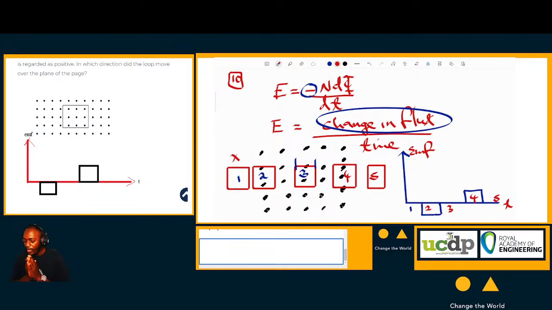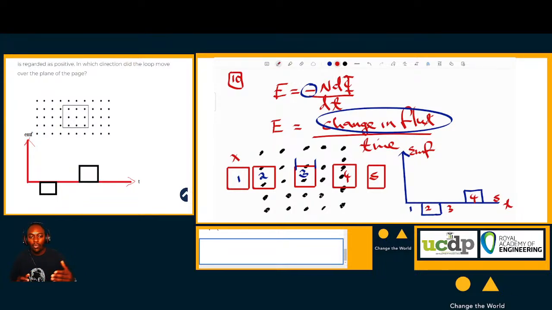We have no induced EMF at that particular position. Why? Because for EMF to be induced, look at the two equations that I've put, there has to be a change in magnetic flux linkage. When that coil is outside, there is no change in magnetic flux linkage. Therefore, we don't expect any EMF.